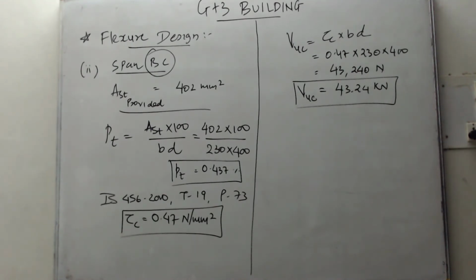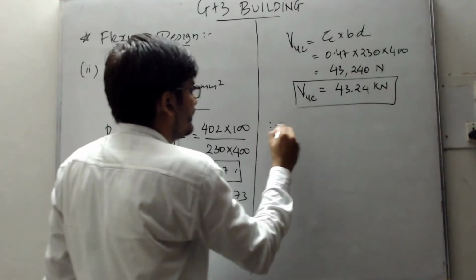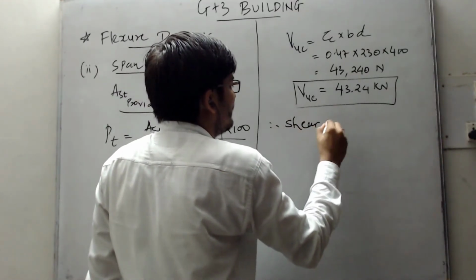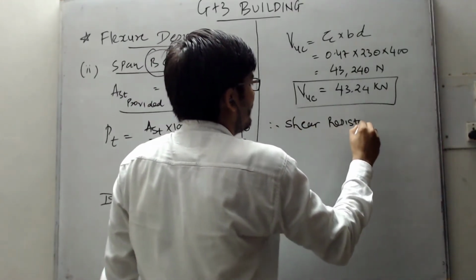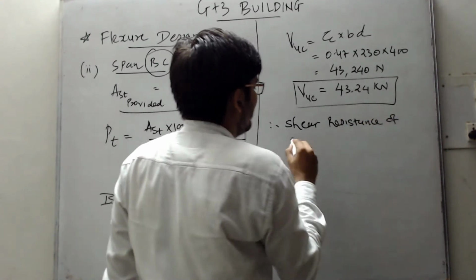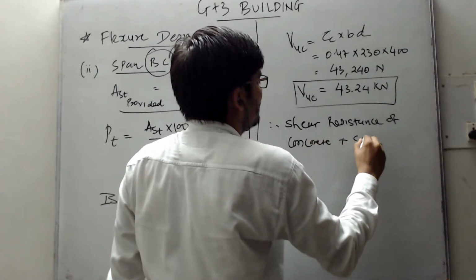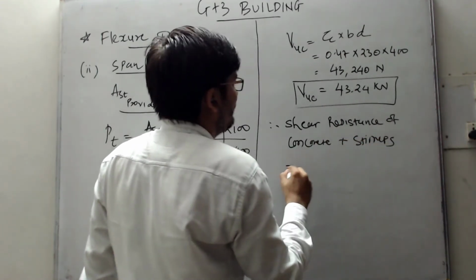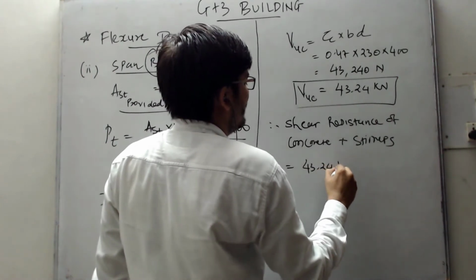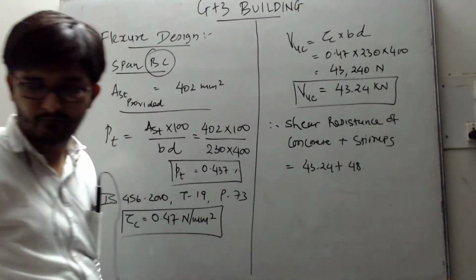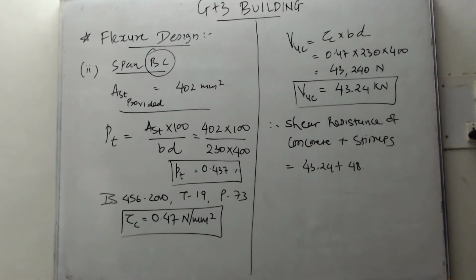So the shear resistance of concrete plus stirrups will be 43.24 plus 48.40. We calculated this value in the previous session, that is VUS minimum steel, the shear resisted by minimum shear reinforcement.